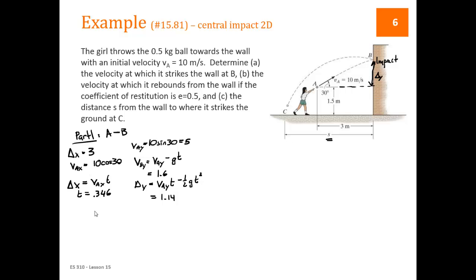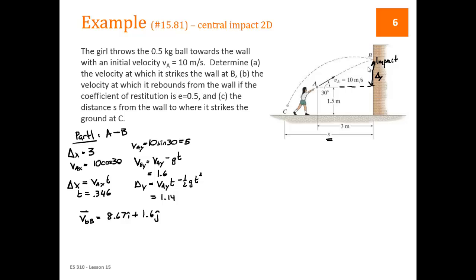So our velocity written as a vector, the velocity of the ball at B, is going to equal the x part, which is this 10 cosine 30 becomes 8.67 i hat, plus the y part, which is 1.6 j hat. Alright, so that is our vector notation for the velocity at B.